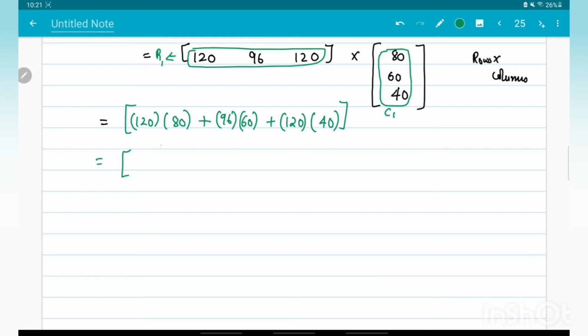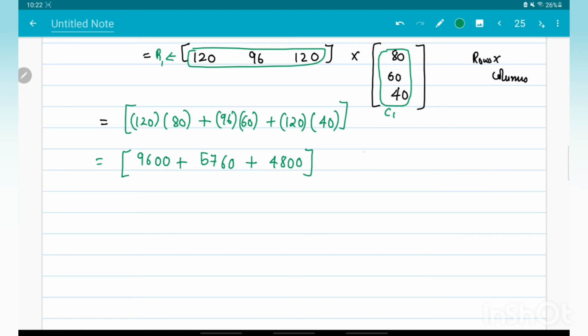Now when I multiply, this becomes 9600 plus 96 into 6 is 5760, plus 4800.